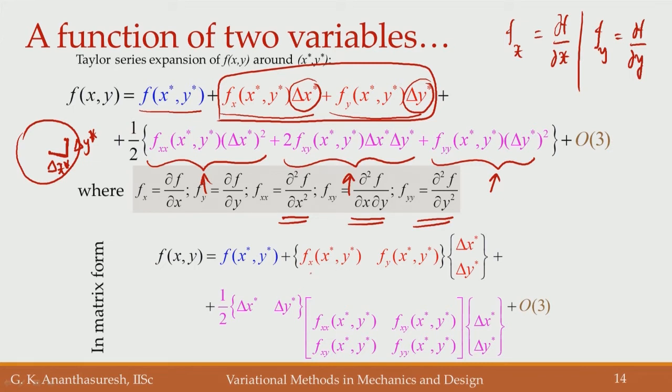We have arranged this in the form of a row vector and this as a column vector, so that when you multiply I get these two terms. Likewise, I write this second order term, which has three terms in it, in the form of a matrix with a row vector and a column vector, and this is a matrix here, a 2 by 2 matrix in the case of two variables.